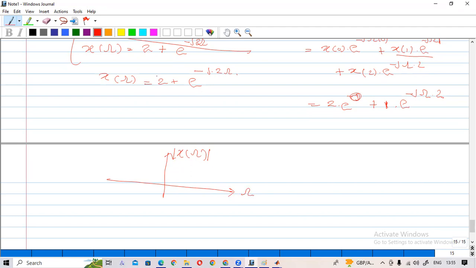So what you have to do is find the magnitude of this signal with respect to omega. How can you find the magnitude here? You have to write this as a complex value, so you have to use the Euler formula here maybe.